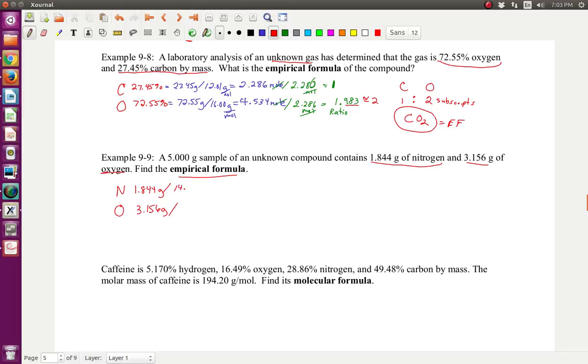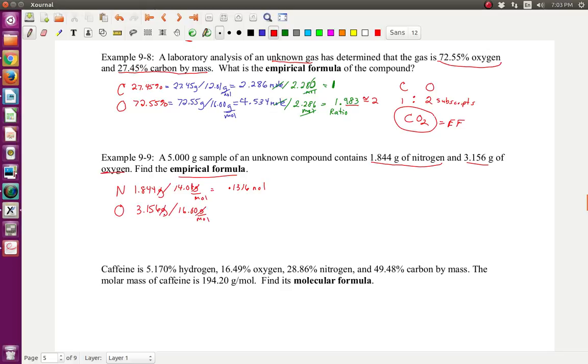Nitrogen is 14.01 grams per mole, and again the grams will cancel, and I'll end up with moles, and that ends up being 0.1316 moles. And oxygen is 16.00 grams per mole.